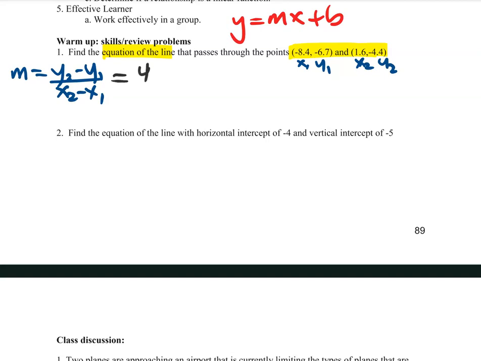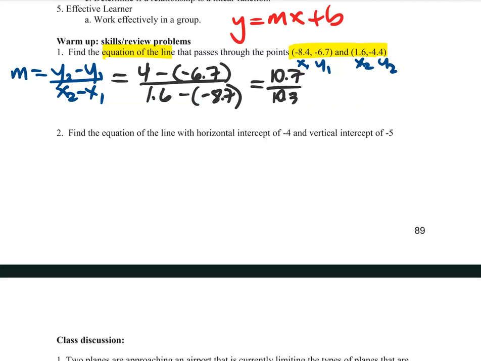y2 is 4 minus y1, negative 6.7, over 1.6 minus negative 8.4, equal to 11.1 over 10, and when you divide this is 1.11. Now after you get the slope, we need to get the y-intercept b.